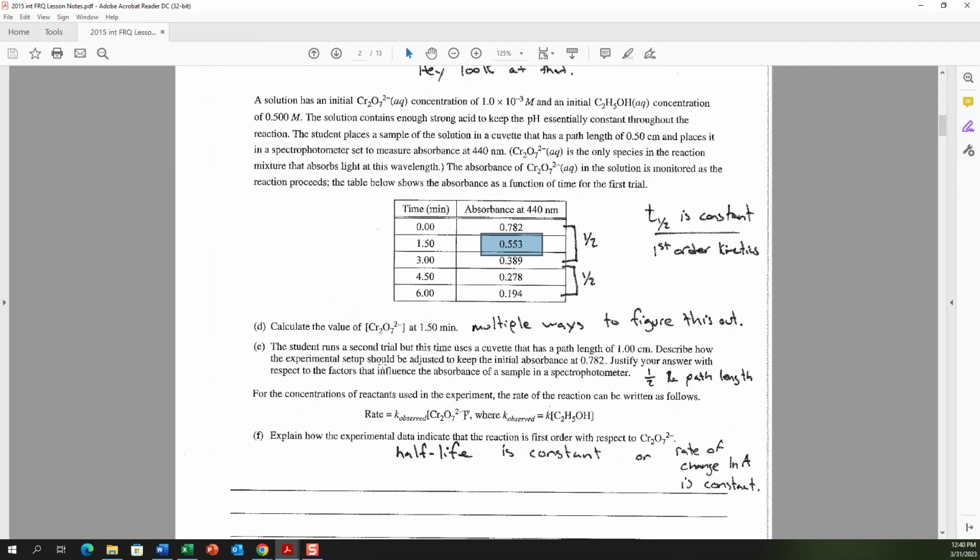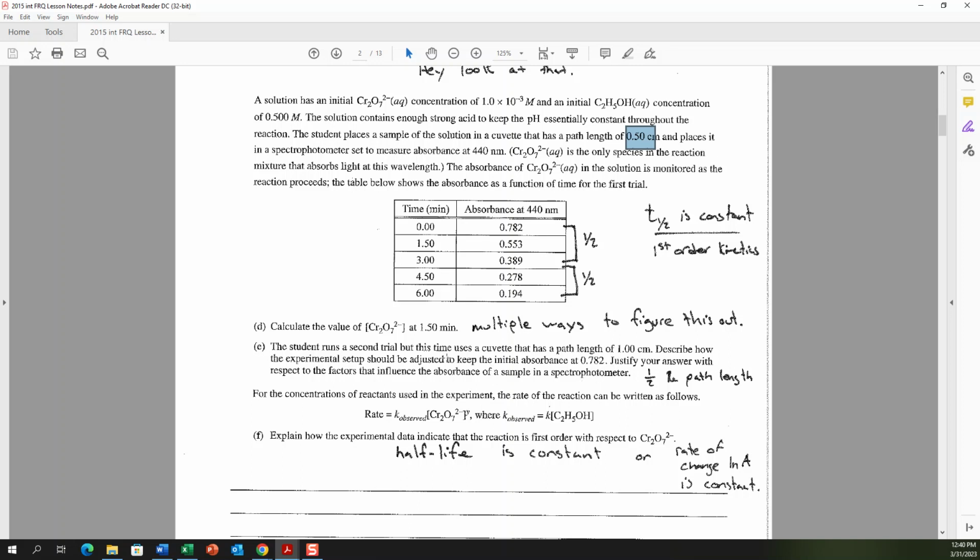Okay? All right. The student runs a second trial, but this time uses a cuvette that has a path length that's 1 centimeter. So the original path length used for this data was 0.5. So understand, if you double the path length, you're going to end up doubling your absorbance value, because more light will end up being absorbed, because the light has to travel through a longer distance through solution.